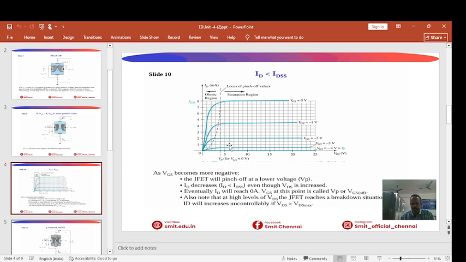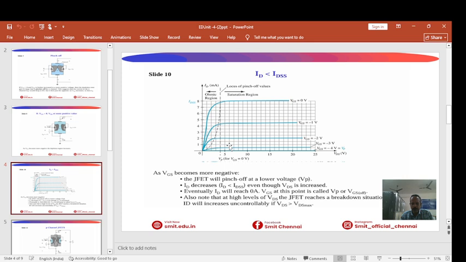Pinch off is a condition where the depletion region expands enough to nearly close the conducting channel. At this point, the drain current no longer increases significantly even if the drain voltage increases further. The drain voltage at which pinch off occurs is called the pinch off voltage.